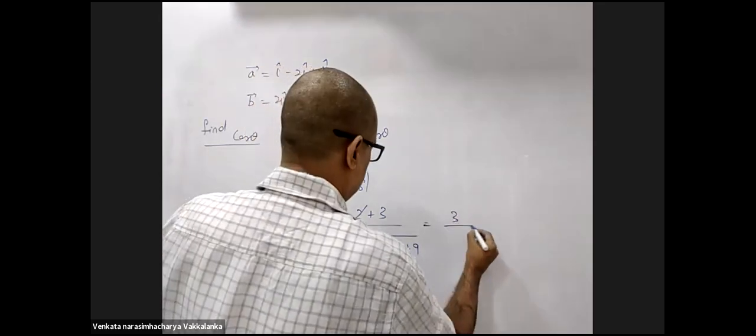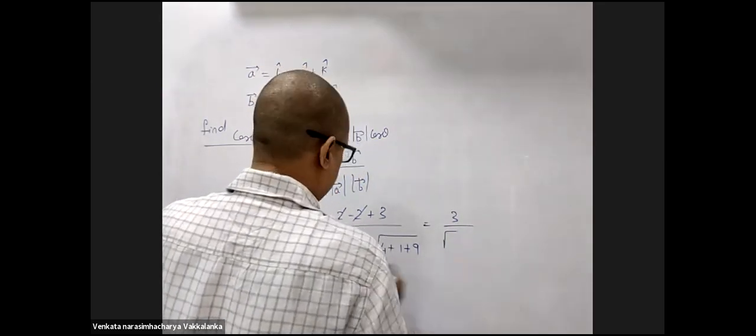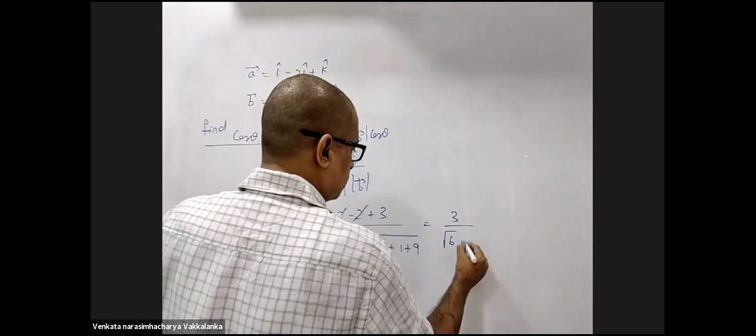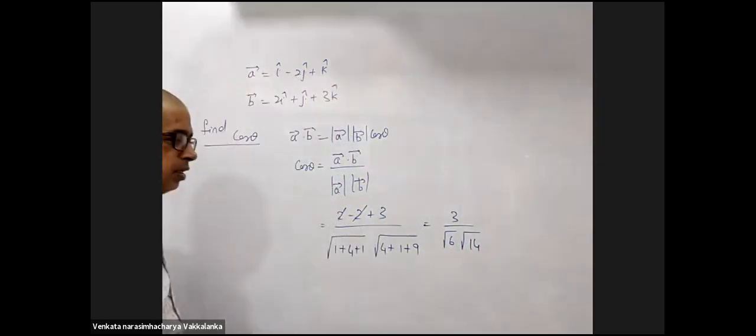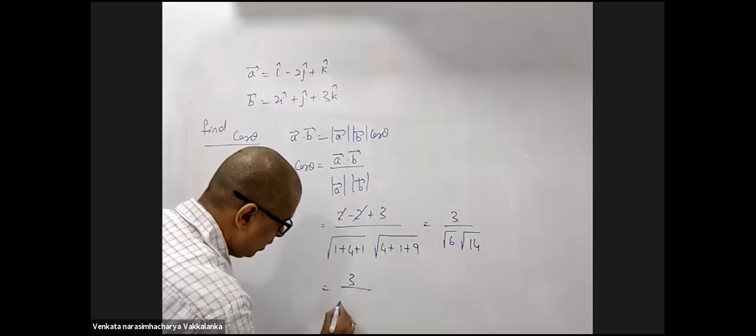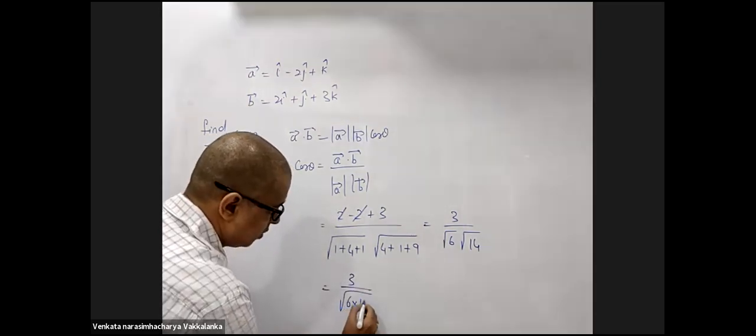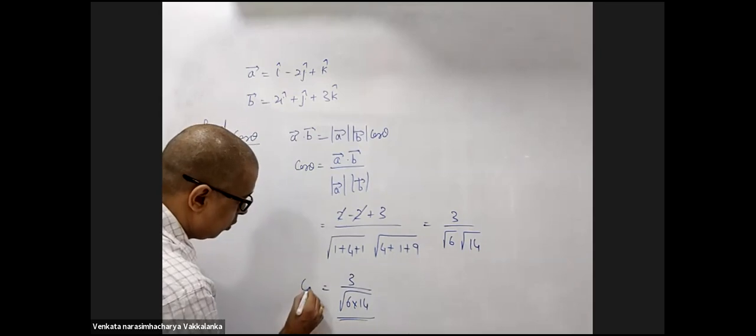Cos theta will be 3 divided by root 6 into root 14, so this will be 3 divided by root of 6 into 14. Cos theta will be this.